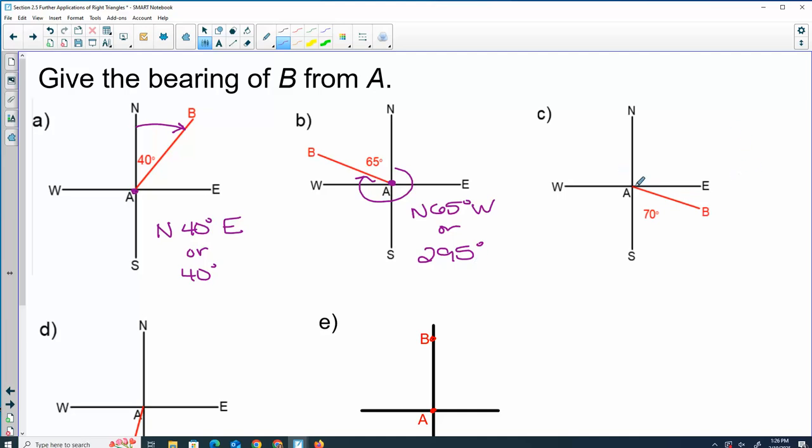All right, C. What's this one going to be? 70 degrees east. Perfect. The other notation, Tanner, from due north, how far is it? 110. Because we know this is 90. You have to go another 20, or you could think 180 minus 70.